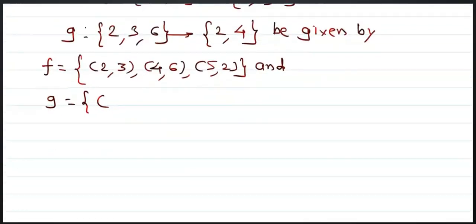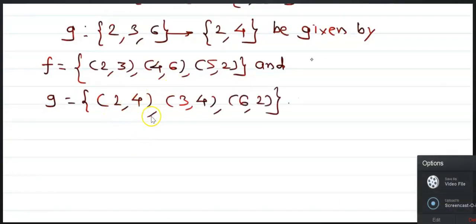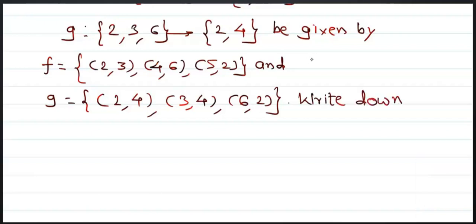And g is defined like this: the image of 2 is 4, the image of 3 is 4, the image of 6 is 2. Write down g o f.